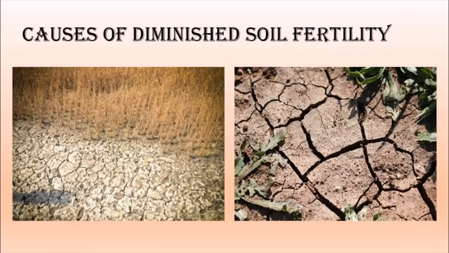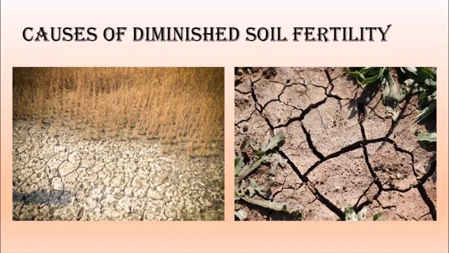The most important thing for the soil is its fertility, that is how fertile the soil is, and accordingly it will support the plant. Now the soil fertility can be diminished for many reasons. For example, if the pH of the soil gets altered, or the proportion of organic matter present in the soil, for example small abiotic and biotic factors like microorganisms, and the different types of fertilizers that they add, all these things are important.